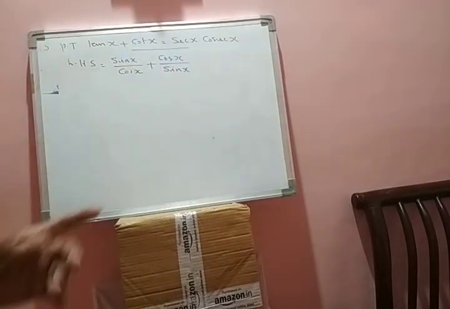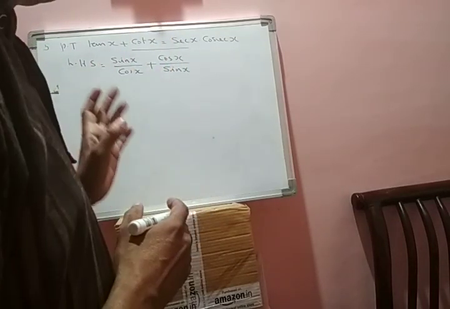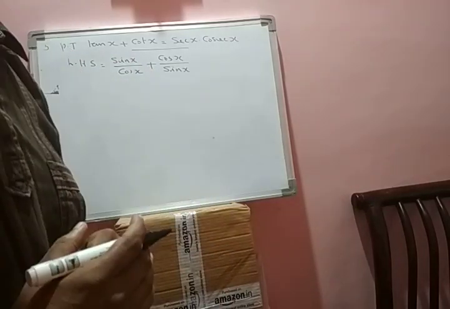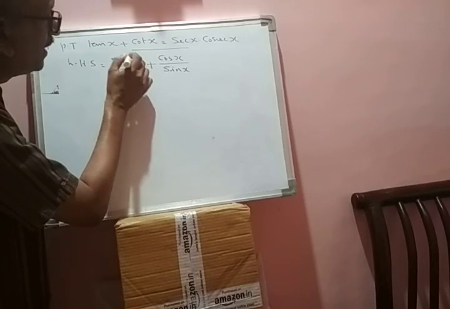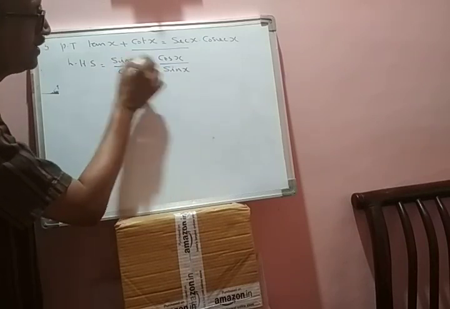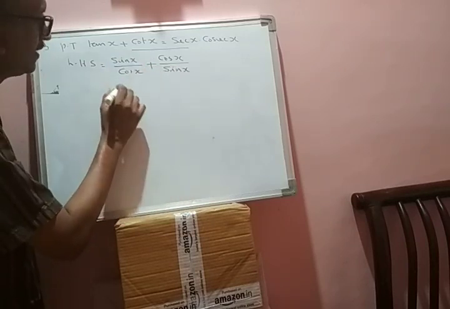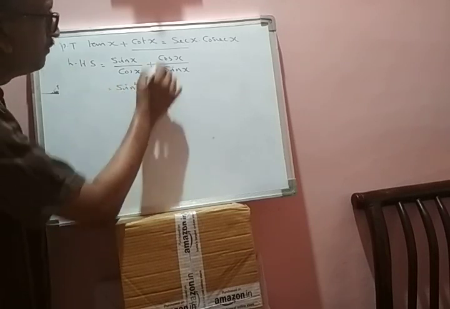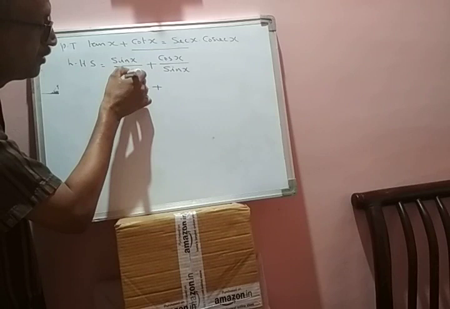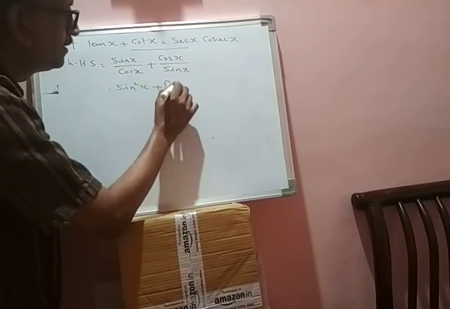This is the addition of fractions. How to add two fractions? This is the cross multiplication technique. That is, multiply these two quantities, sin x and sin x. We get sin squared x. Then plus, multiply these two quantities, cos x and cos x, cos squared x.